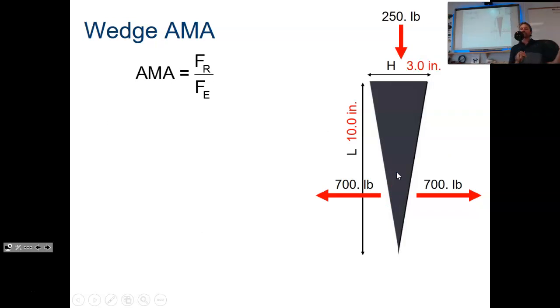Now they're actually going to give you some forces. So the effort force, again, it's sometimes hard for me to identify which one is the resistant one. Is it 700? Is it 250? But I know in a wedge, when I hit it with the hammer, I'm pushing with 250 pounds. So the effort force is 250 pounds.